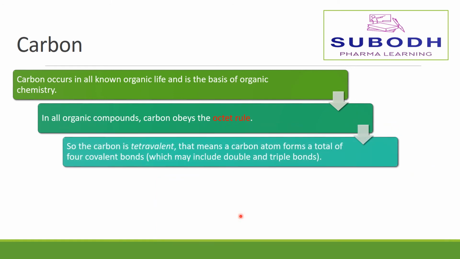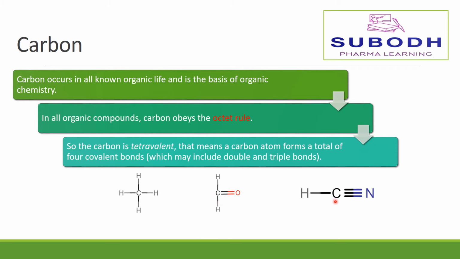So, carbon is tetravalent. That means a carbon atom forms a total of 4 covalent bonds, which may include double or triple bonds as shown here in the given examples. In the first example, it forms 4 covalent bonds. In the second example, it forms one double bond and two covalent bonds.